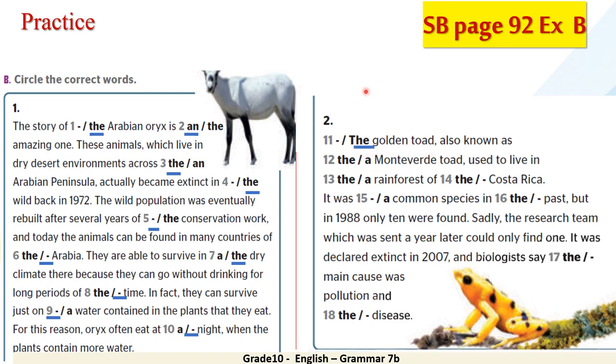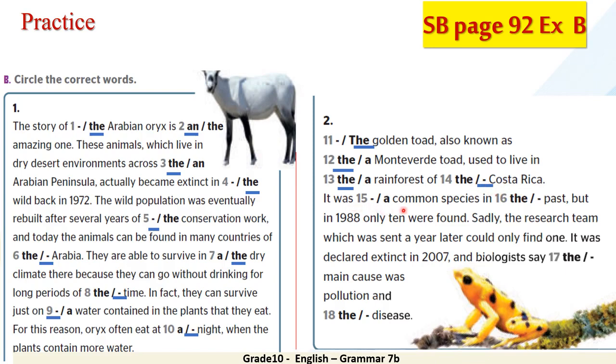And here we are talking generally about that kind of toad, also known as the Monteverde toad. So that's correct, it's the. Used to live in, that's right, the rainforest of Costa Rica. So Costa Rica doesn't take an article.